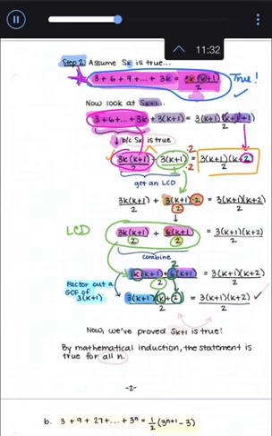Now notice, if we compare the left and the right-hand sides, they are identical. This is what we were looking for. Assuming that the k term was true, we have now proven that it would also be true for the next term, the k plus 1 term.